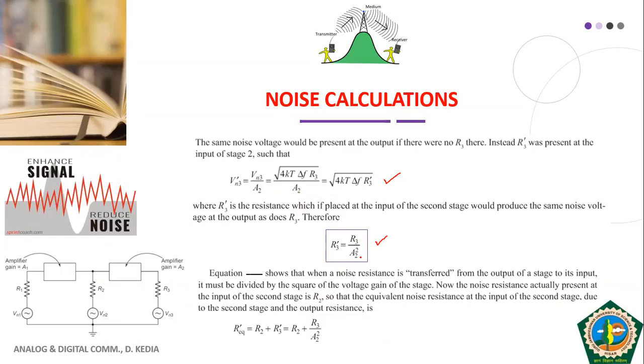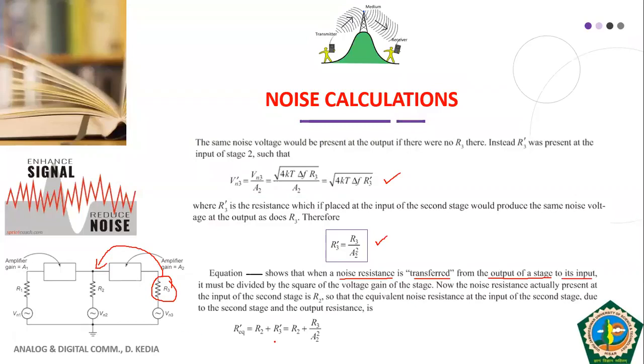Fine. So what does it show? It shows that when a noise resistance is transferred from the output of a stage to its input, we are transferring this R3 from the output stage to the input.